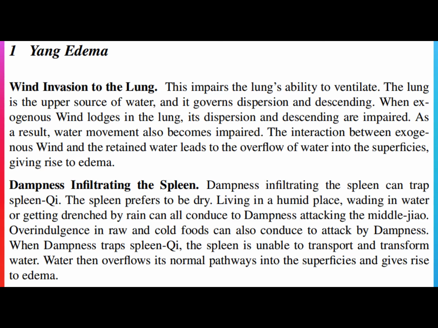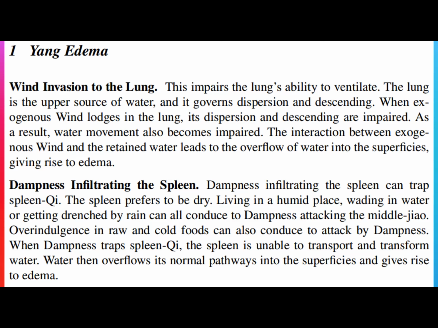Next is dampness infiltrating the spleen. Dampness infiltrating the spleen can trap spleen chi. The spleen prefers to be dry. Living in a humid place, wading in water or getting drenched by rain can all conduce to dampness attacking the middle jiao.